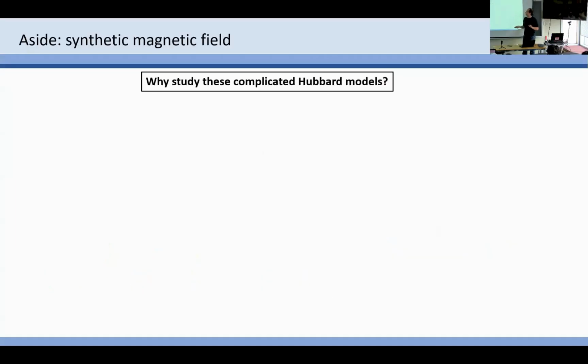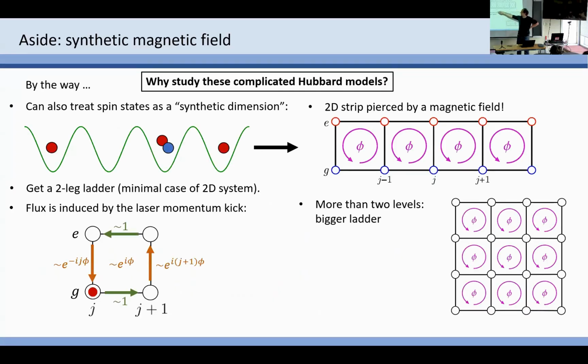A question we should ask is why should we study all these complicated Hubbard models, besides the fact that they're cool. Well, one possible connection is that you can take, let's just go back to two-level atoms, this two-level 1D lattice with two spin states, and treat it as a ladder, where the x direction of the ladder is the lattice direction, and the y direction of the ladder is my spin states.